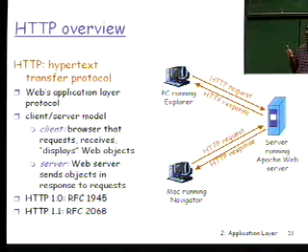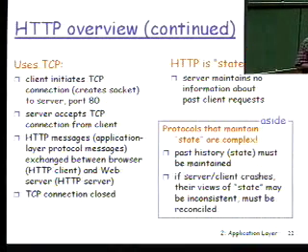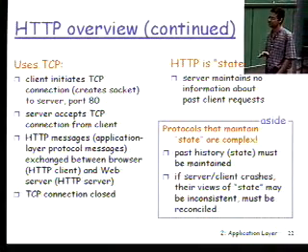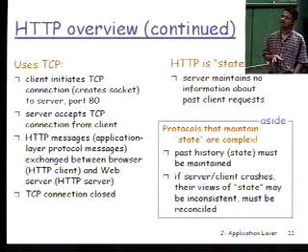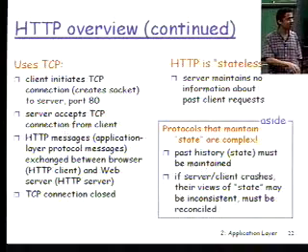The first implementation of HTTP which defined this message exchange was HTTP 1.0. The RFC is 1945. Then the next version came along, HTTP 1.1, RFC 2068. We look at the basic architecture of HTTP and how 1.0 and 1.1 differ.